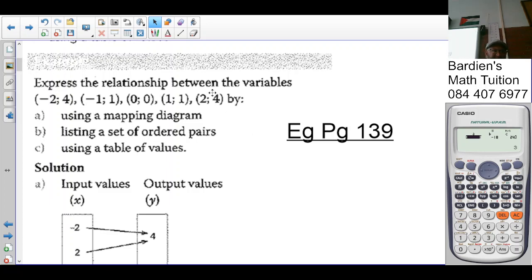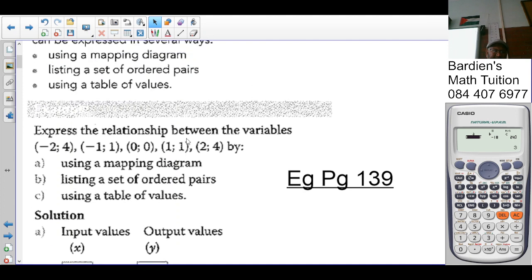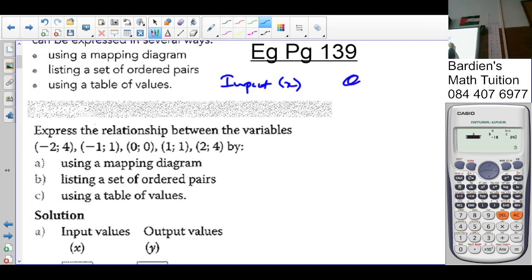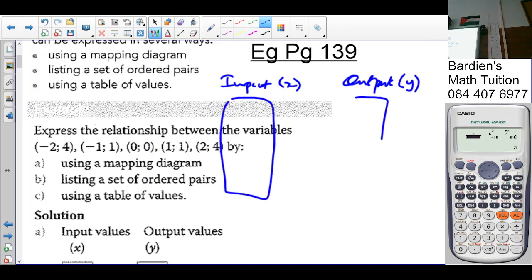So we express the relationship between these variables using mapping. If we're looking at mapping, we would have the input value, which is normally our x, and we'll have our output value, which is normally our y. So your input is -2, which is your x, -1, 0, 1, and 2.